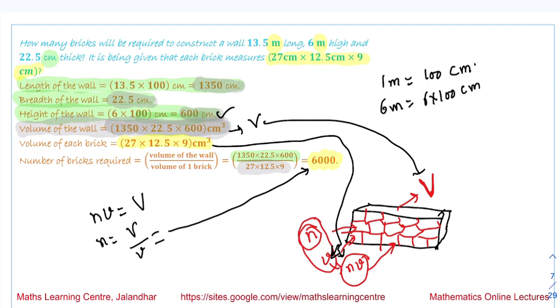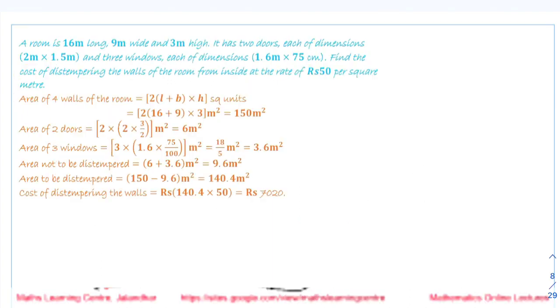In this question we are given a room that is 16 meter long, 9 meter wide and 3 meter high. It has two doors, each of dimensions 2 meter by 1.5 meter, and 3 windows, each of dimension 1.6 meter into 75 centimeter. First thing to note is that except for this 75 centimeter, all other units are meter.